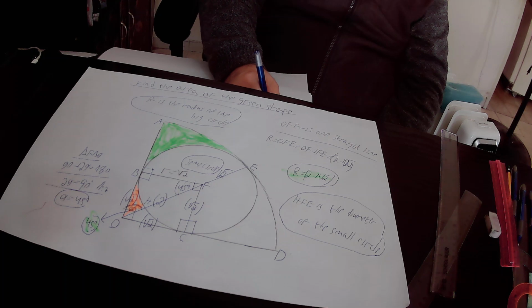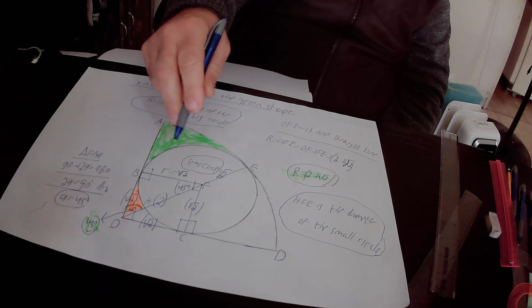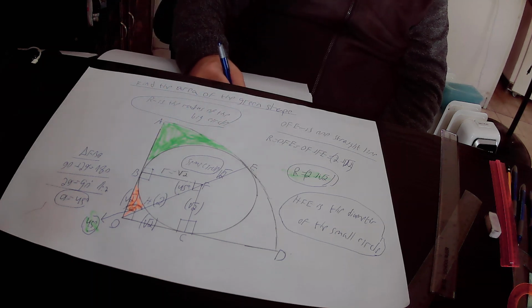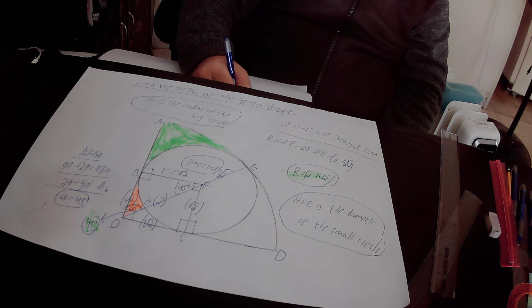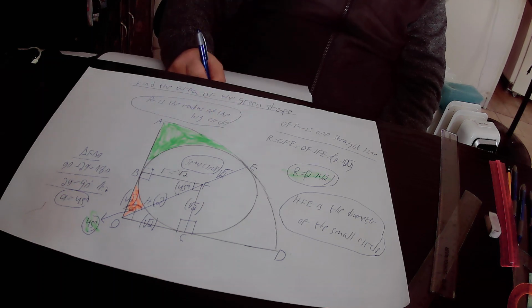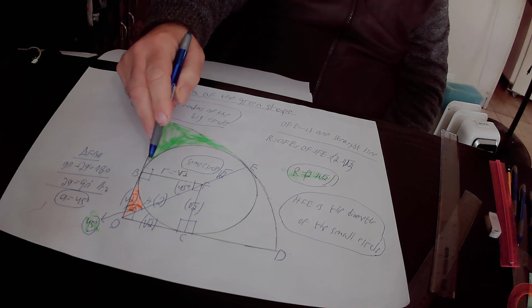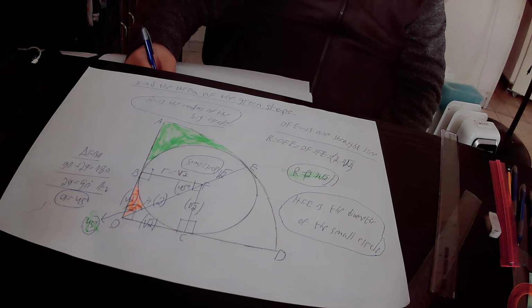The area of the green shape is equal to the area of the big sector AOE minus the area of this small semicircle minus the area of this orange shape BHO.